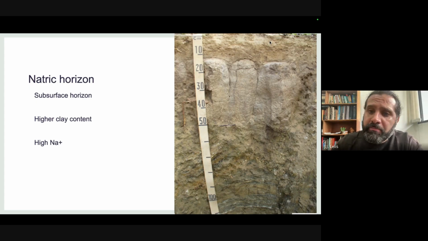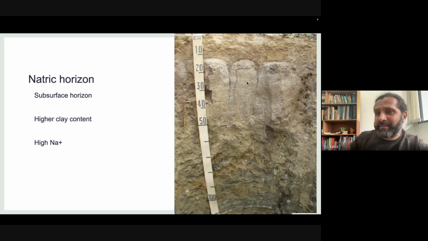But not only mineral clay, organic clay also could migrate. So the organic matter also could migrate from the top to the bottom and concentrate at the subsurface horizon. It's not a very high organic carbon content, okay, but it registers some concentration of organic matter, at least higher than the overlying horizons. And because of this, you can see the darkish color.